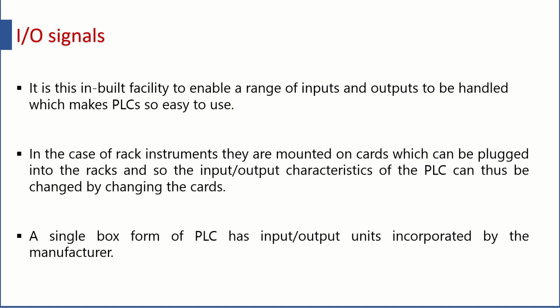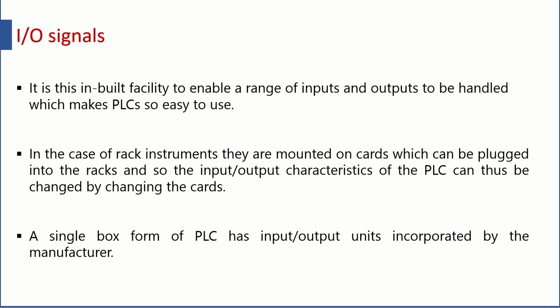That's it. Now in case of rack instruments, there are cards which can be plugged into the racks so that the input output characteristic of the PLC can be changed to a very versatile limit. Whereas in a single box PLC, the input and output units are incorporated by the manufacturer.